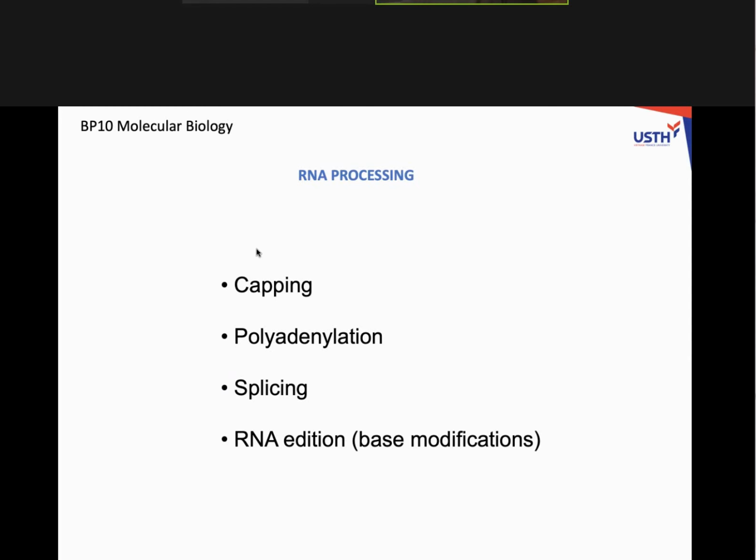So for polymerase II, you all know that mRNA has a cap at the 5' end, a poly-A tail at the 3' end, and you all know that the genes in eukaryotes contain introns and exons, so you know about splicing.